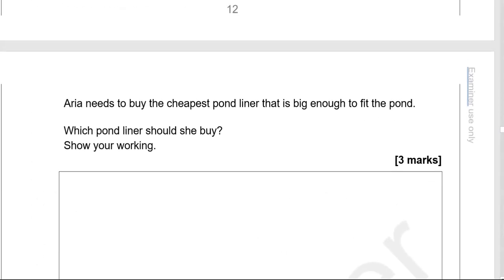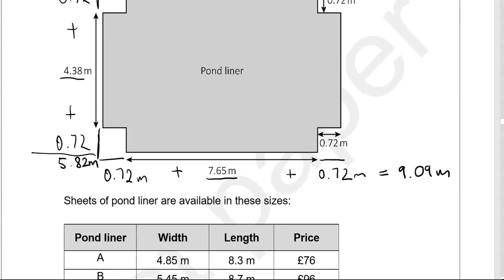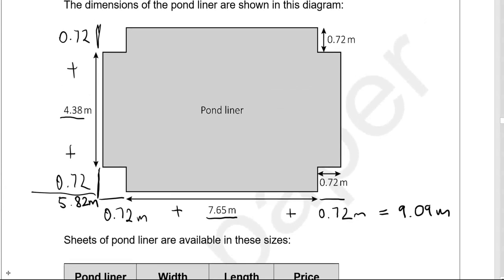So we'll need to look at the previous information. So we know that the length of the pond is 7.65, the width is 4.38, and the depth is 0.72. So we'll need to multiply these numbers to get the volume.